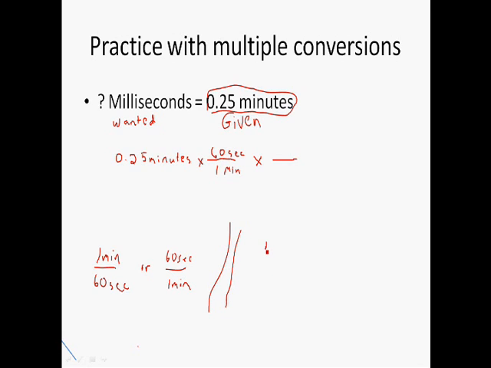And you can do this either way you want to. Or 1,000 milliseconds is the same thing as 1 second. So I took a second, cut it up into 1,000 pieces to be a millisecond.